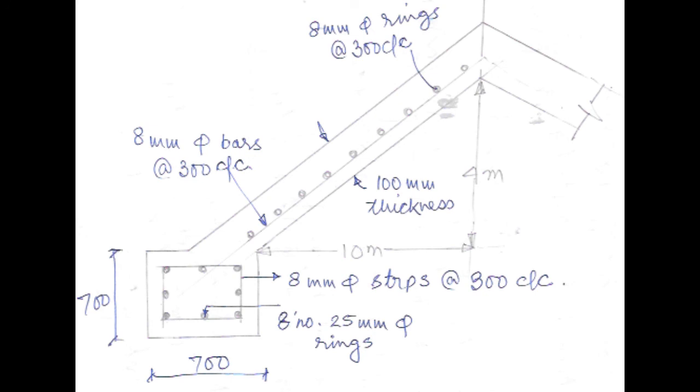If you have written all the steps properly and put an underline or a box, this is a very simple diagram and you can draw it finally. As you see, the ring beam I have provided is 700 by 700, and also the entire detail we have found out.